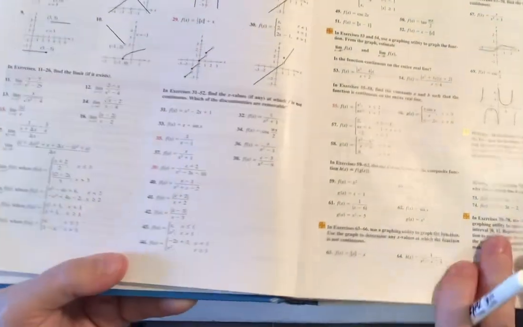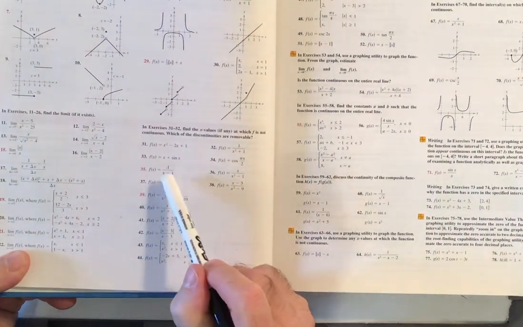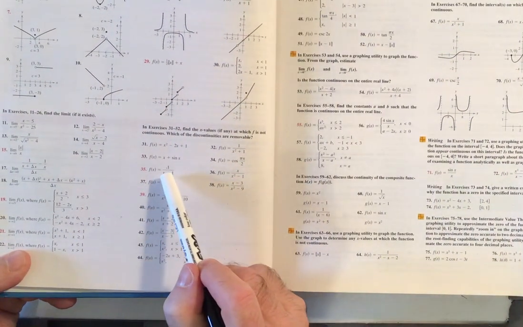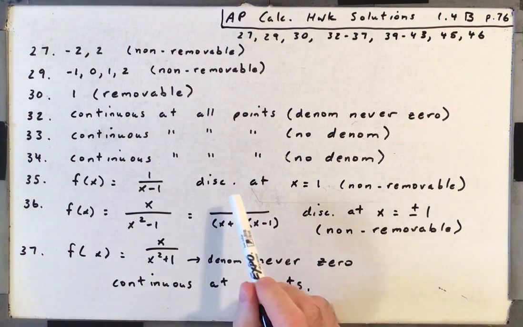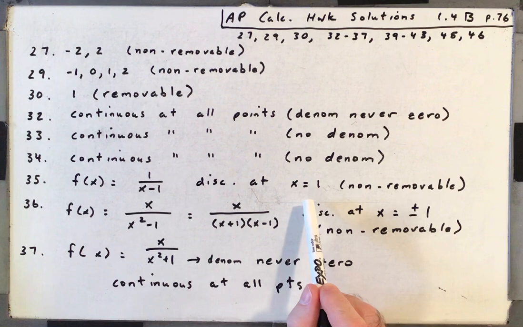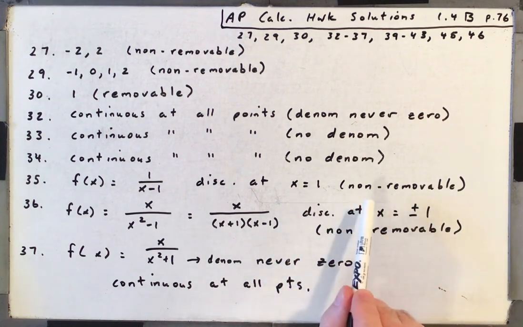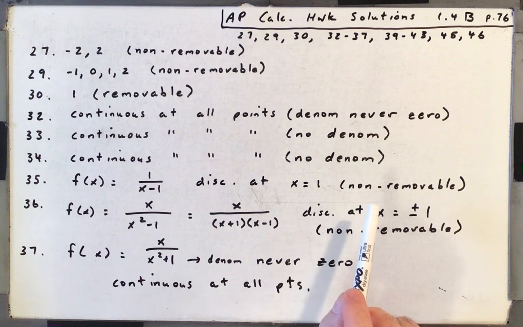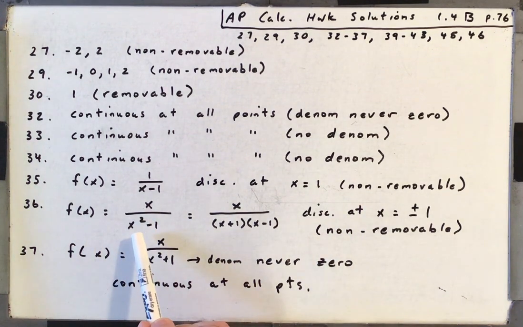All right, 35, 1 over x minus 1. Where is the denominator 0? It is when x is equal to 1. So we have a discontinuity at x is equal to 1. It's going to be non-removable because you can't cancel anything out there. Number 36, we have f of x is x over x squared minus 1.